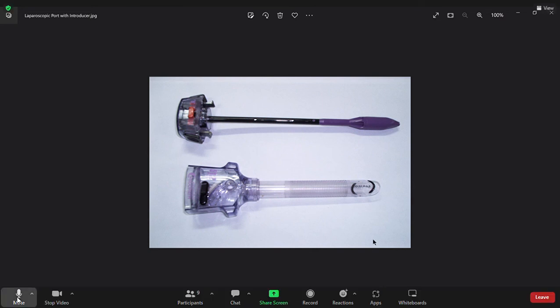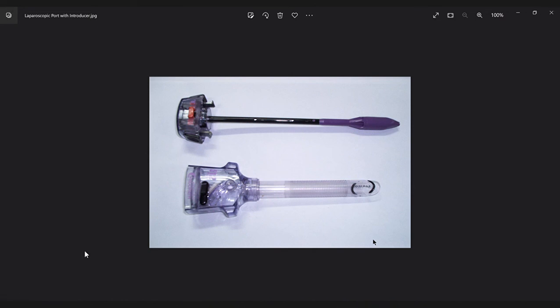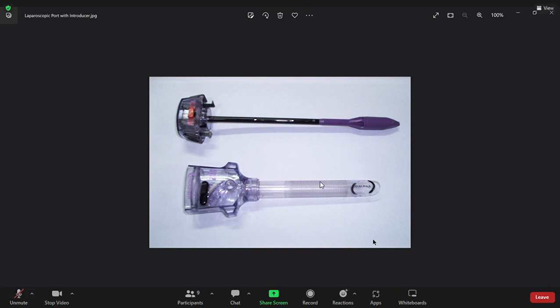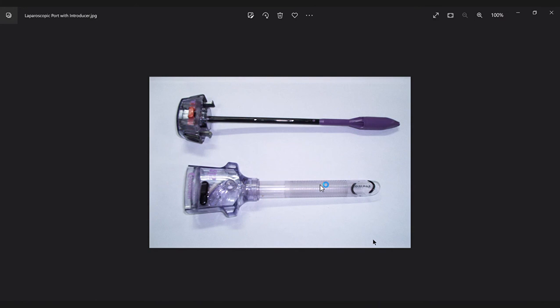Second one: the epigastrium, or anywhere up close to the xiphisternum. Third one: lower quadrants, right lower quadrant. And the fourth? In the upper right quadrant. Yeah, upper right quadrant. So we usually use four port sites.